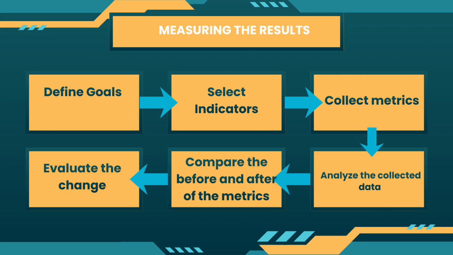So in order to measure the results, we can base on this flow chart. First, we must define the goals of the improvement. Second is to select the indicators or the metrics that will show whether the goals are being achieved. Based sa mga sinabi kong metrics kanina, pwede tayong pumili dun if ano nga ba yung gusto nating mabago.